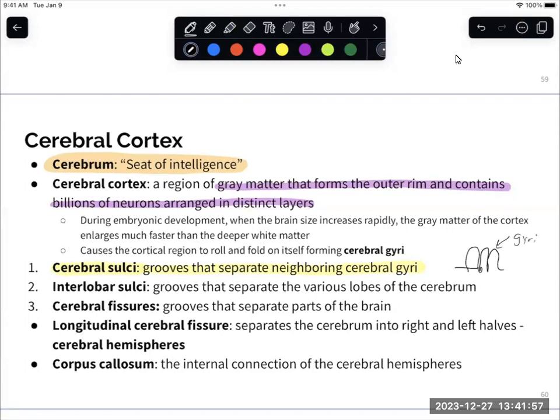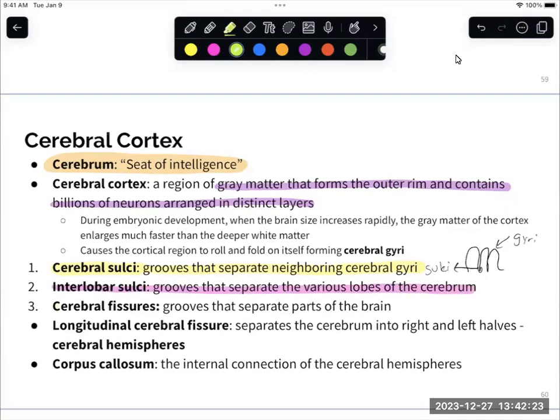A sulcus is one of those areas that goes down. We have interlobar sulci, which separate out the different lobes.